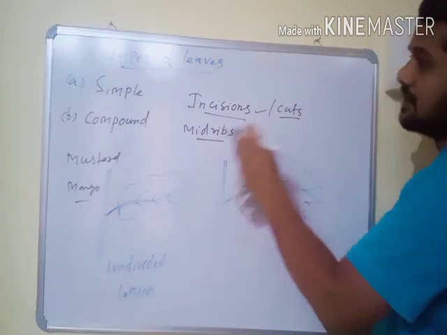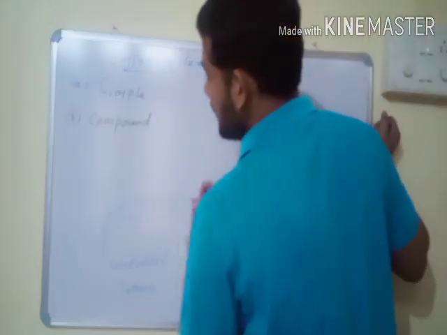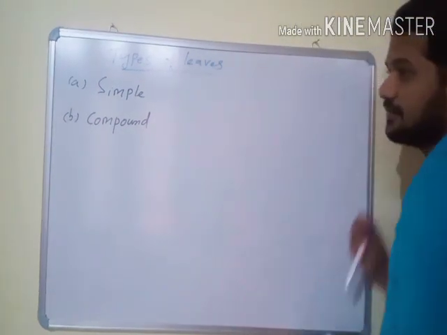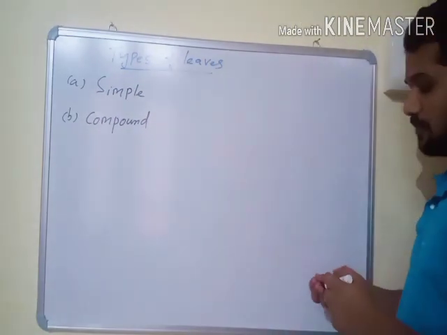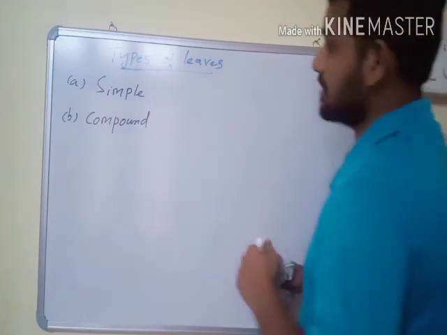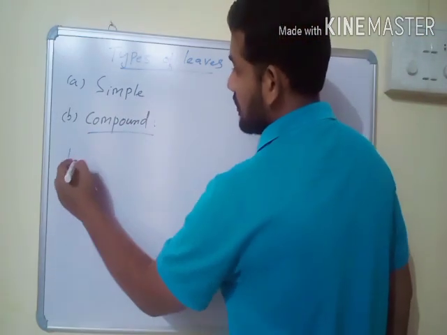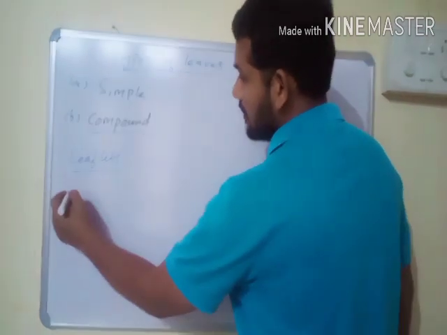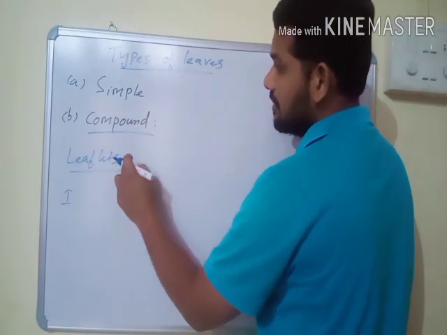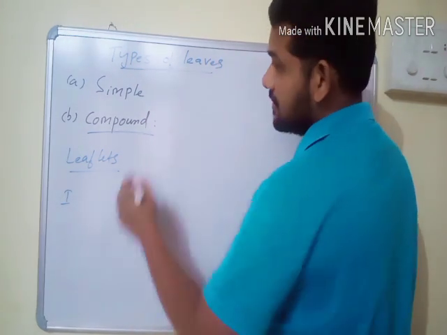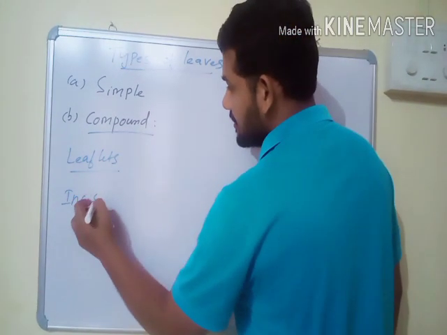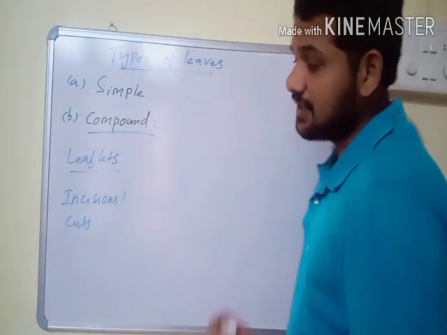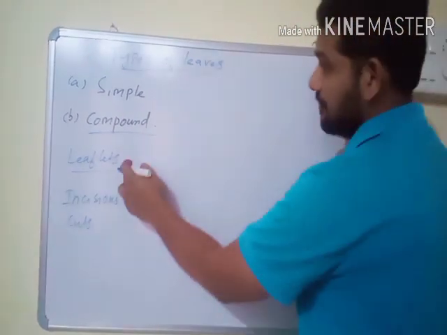And second one is compound leaves. In compound leaves, the lamina is completely divided to form many small structures, and these small structures are called leaflets. If lamina is divided to form leaflets, then leaves are said to be compound leaves. In compound leaves, the incisions reach the midrib to form many leaflets.